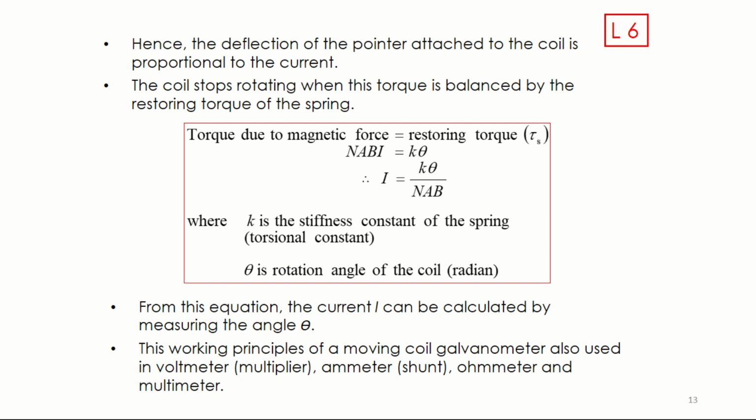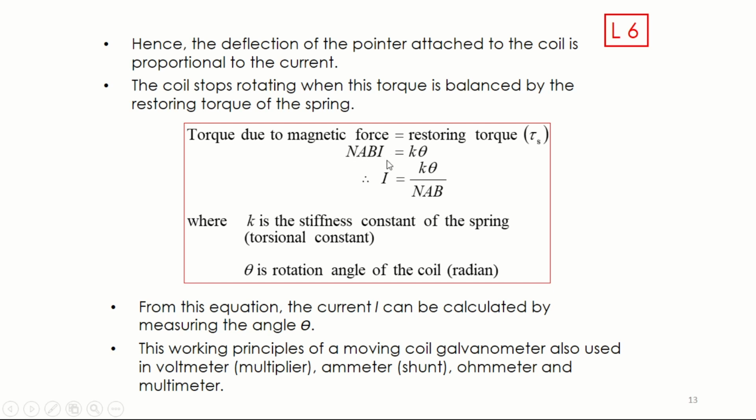Hence, the deflection of the pointer attached to the coil is proportional to the current. The coil stops rotating when the torque is balanced by the restoring torque of the spring. So the torque due to magnetic force, torque F, equals the restoring torque, torque S, the torque of the spring.